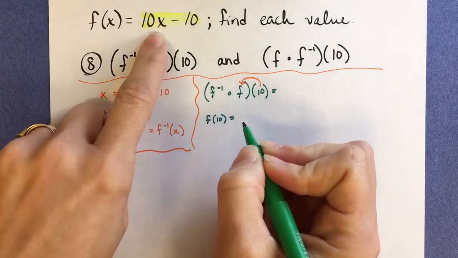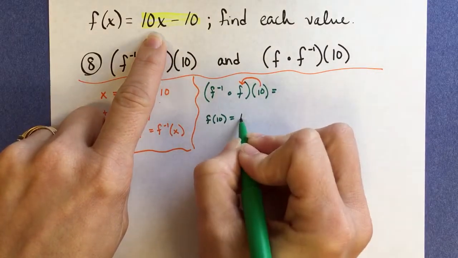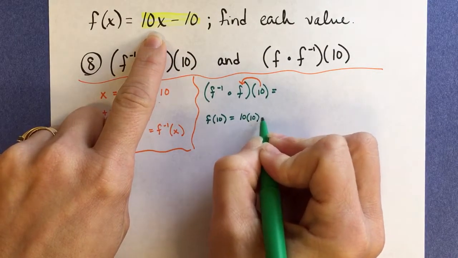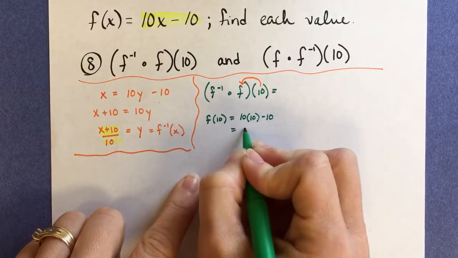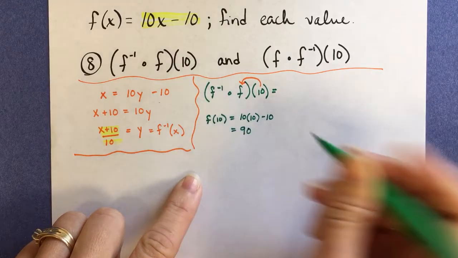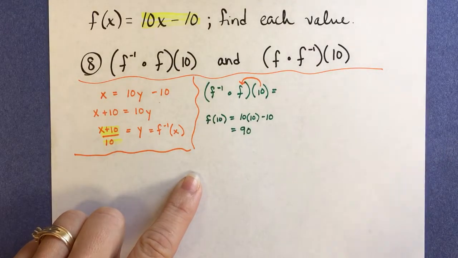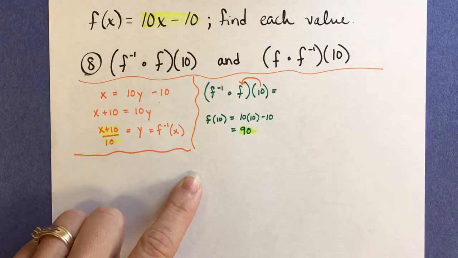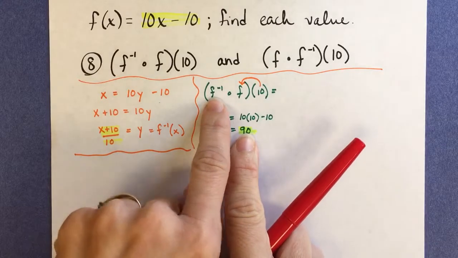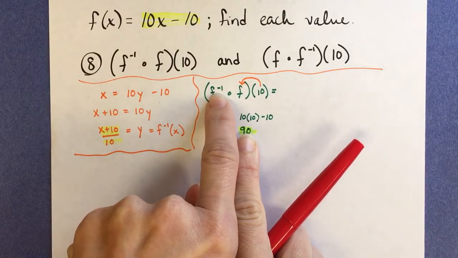Now f is the original function, okay? So that's going to be 10 times 10 minus 10. So that's 100 minus 10, which is 90. And now what you're to do is actually take this result and you plug that result or substitute that result then into the one that's listed first.